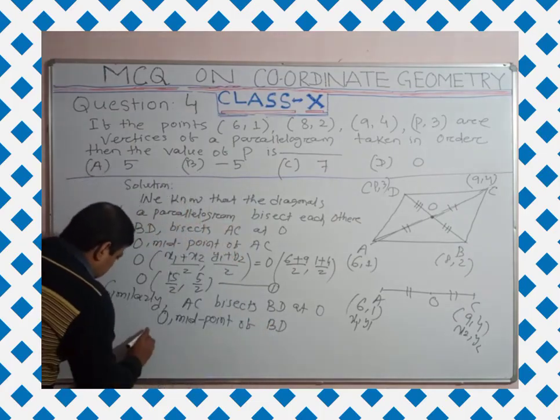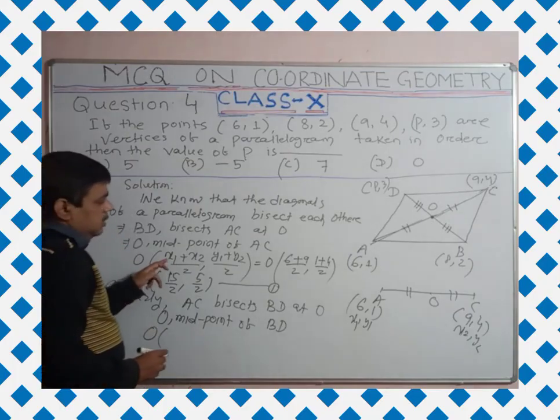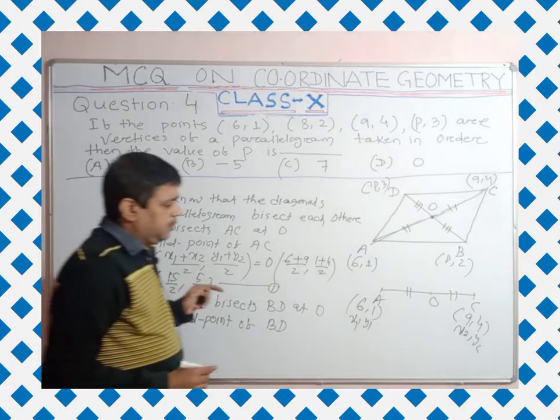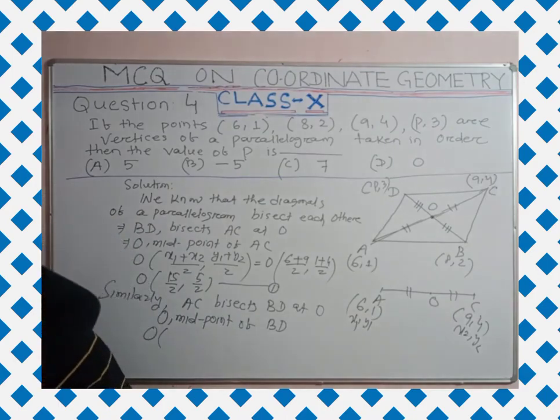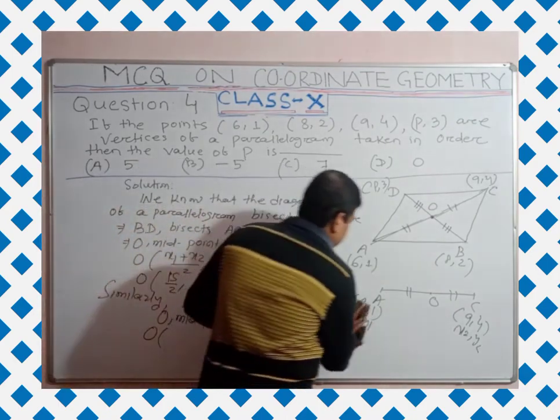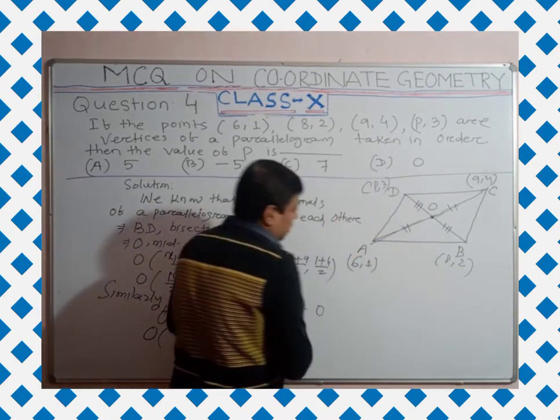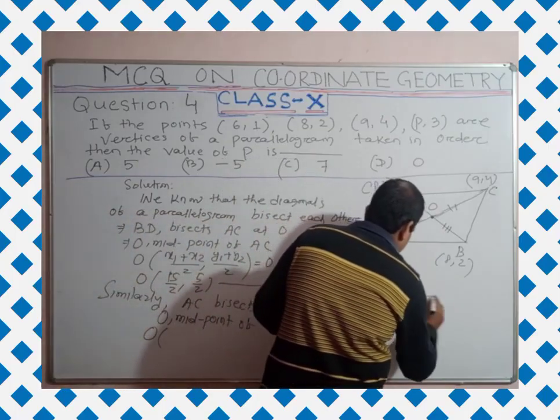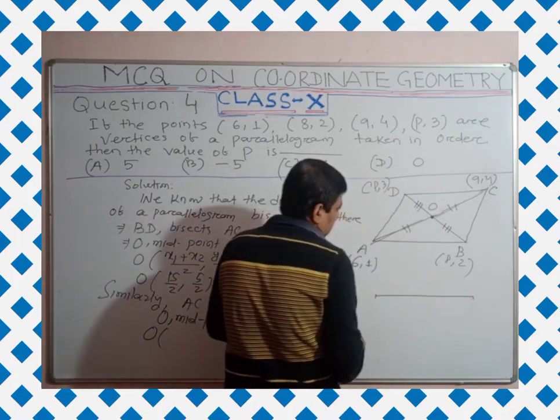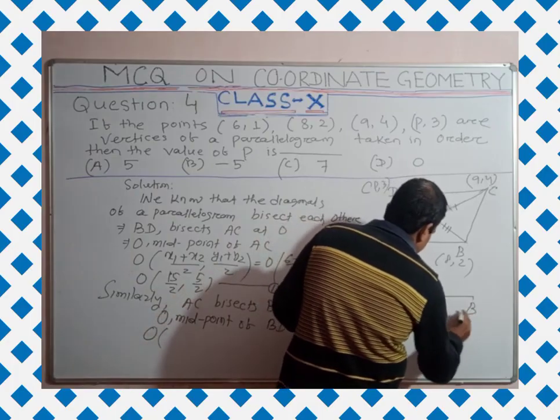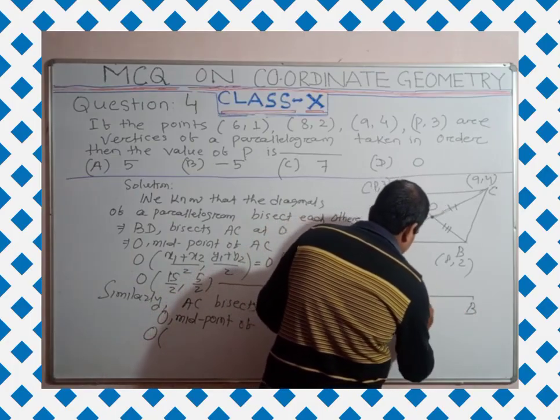Understand? So the coordinate of O using the midpoint formula, the same formula we can apply here for the diagonal BD. For diagonal BD, let's see. Here you see BD is the diagonal. This is the point B, suppose this is the point D and this is the midpoint O.